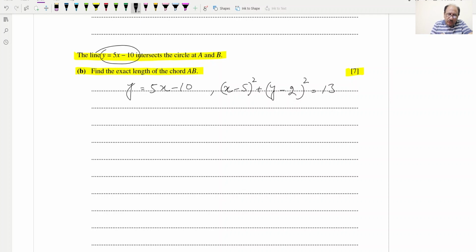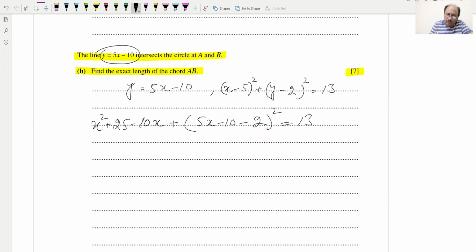Now we will substitute the y value, and our equation will be (x minus 5) squared. We can open this square also, and we will get x squared plus 25 minus 10x. And now we can replace the value of y, which is 5x minus 10, minus 2, and whole squared, is equal to 13.